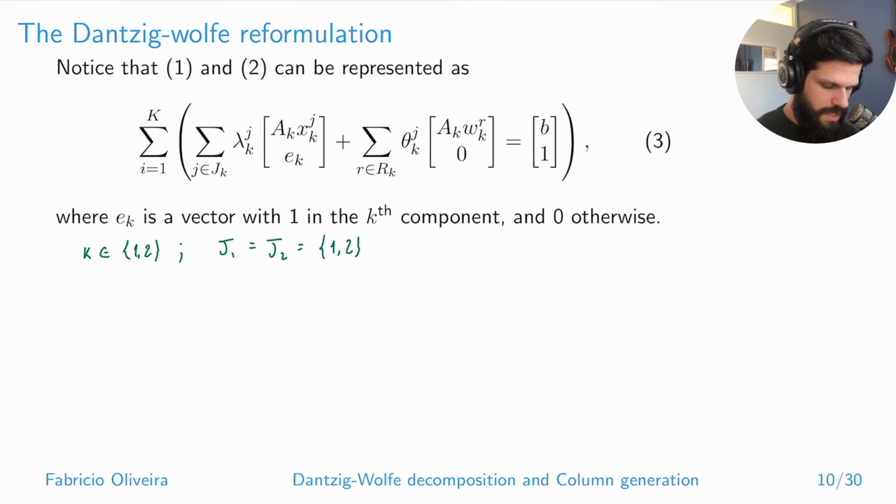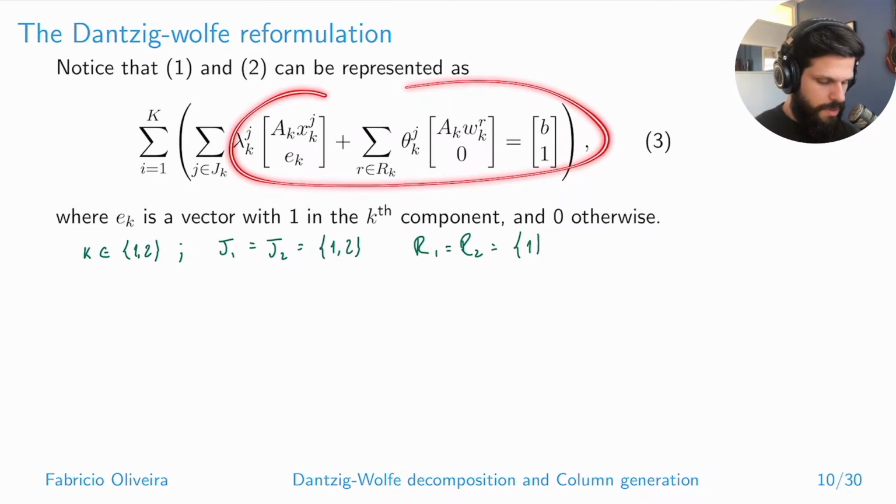Let's say that we have R1 equals R2 with one extreme ray. So that constraint would look something like so.